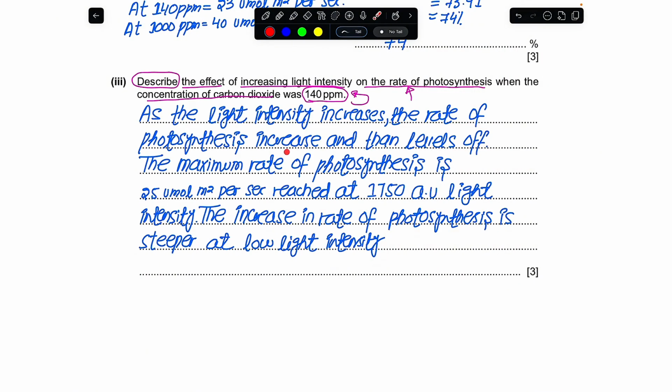The other point was that the maximum rate of photosynthesis was reached at 750 arbitrary units of light intensity and the value for this was 25 micromole per meter square per second. And then I said that the increase in the rate of photosynthesis is steeper at low light intensity.